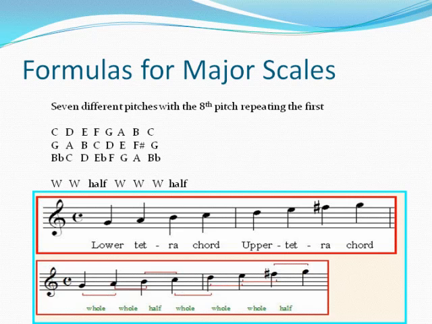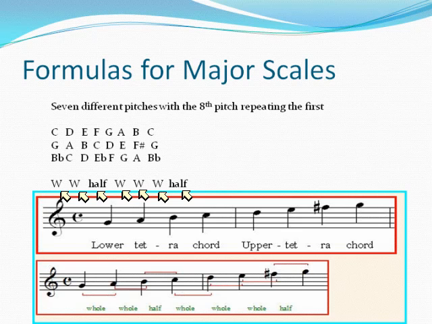A major scale's formula is, no matter what note you begin on, if you start with that note and you go to the second note of the scale, use a whole step, you go to the third note with a whole step, the fourth note a half step, the fifth note a whole step, sixth a whole step, seventh a whole step, and then from the seventh back to the 1 or the 8th is a half step.